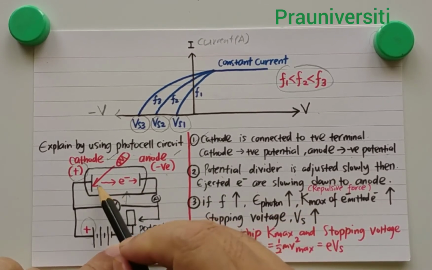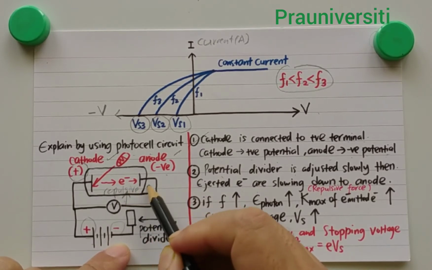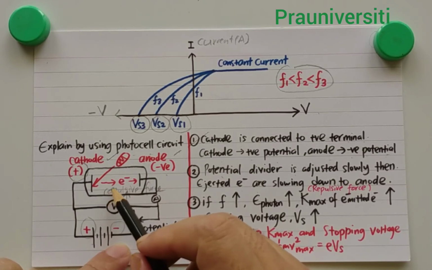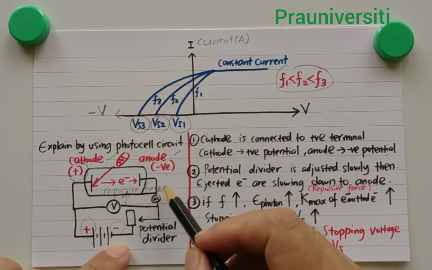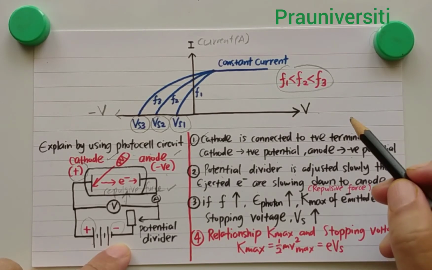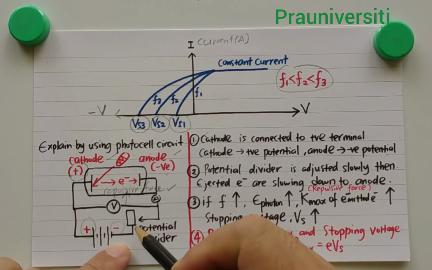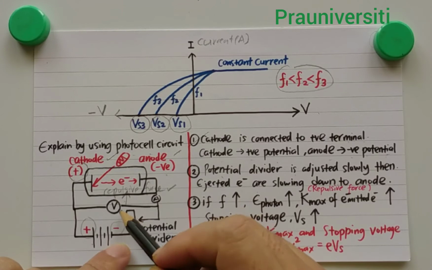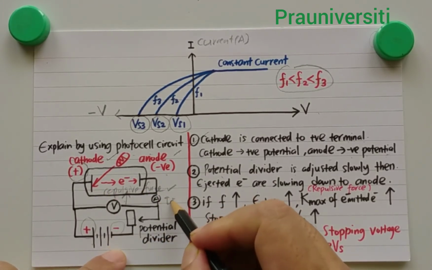The electron faces the repulsive force, so it slows down moving to the anode. We continue adjusting the potential divider, and at last no more electrons can reach the anode, so the current becomes zero.